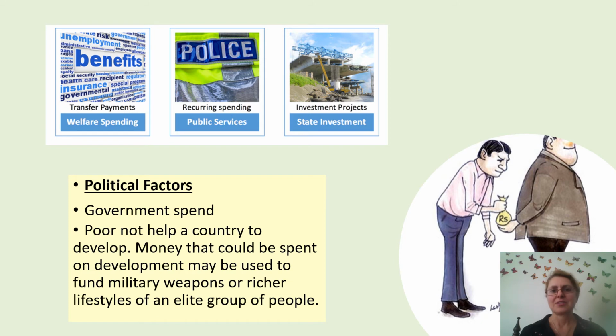Political factors are those that are influenced by the government or the people in power. Corruption and poor management in countries. Countries need strong and stable and honest leaders to help them develop. War uses up resources and makes it difficult to produce goods and trade. Press pause now to read this information and add to your table.